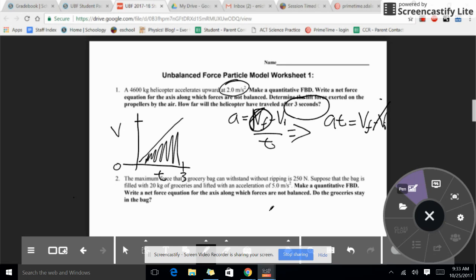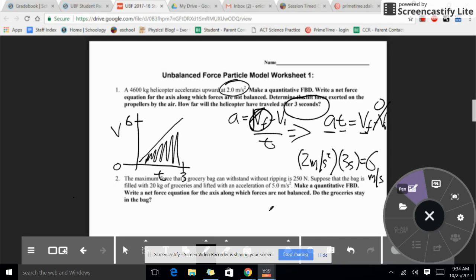We know this is going to be 0. So I need to do my acceleration times time to figure out that velocity final. So 2 meters per second squared times time, which is 3 seconds, equals 6 meters per second. Fantastic. So this height's going to be 6.